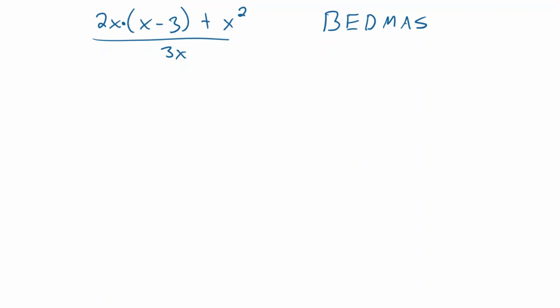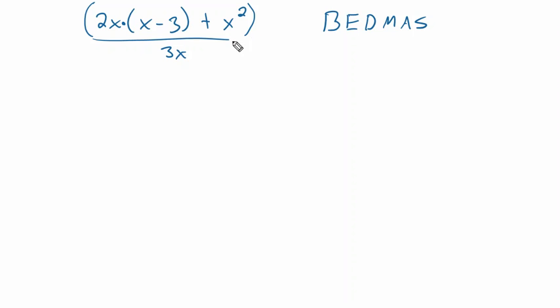So we would want to multiply first, right? Well, technically we want to do inside the brackets first, right? But we can't really do anything there anyway because we can't combine the x and the 3. So moving on. You might think that we need to divide first, but when we have everything up top here all over 3x, there really are brackets up there, right?